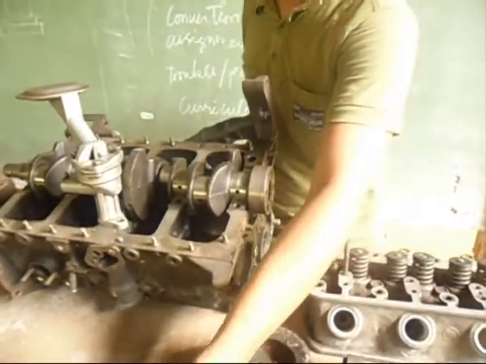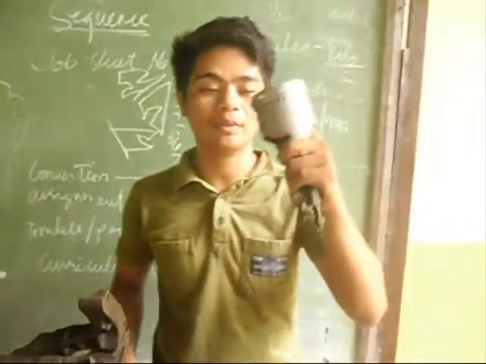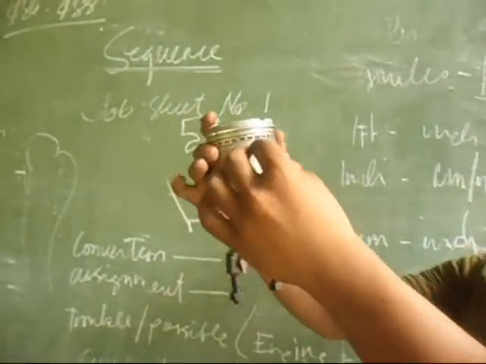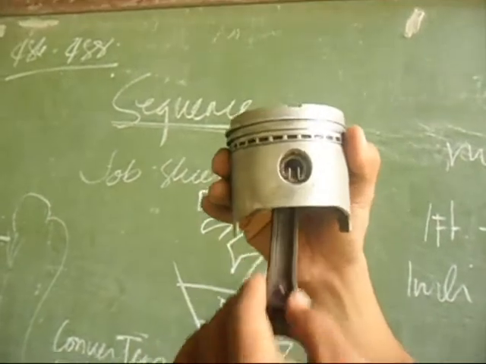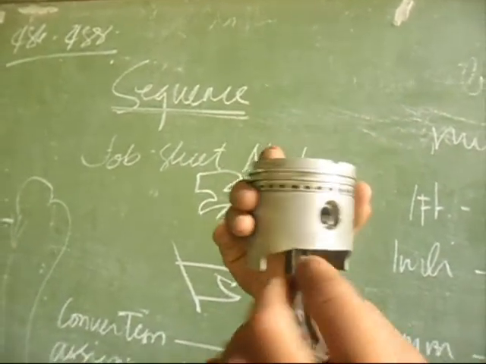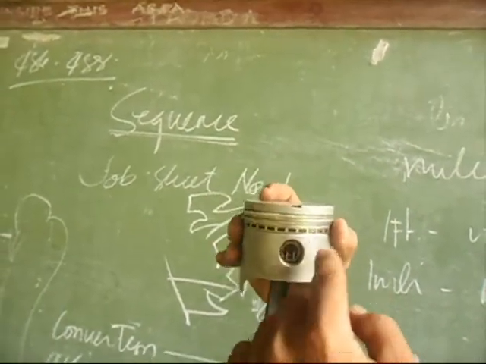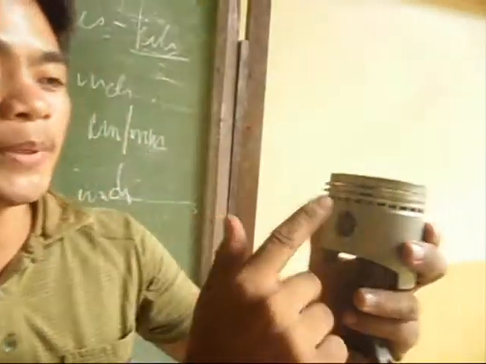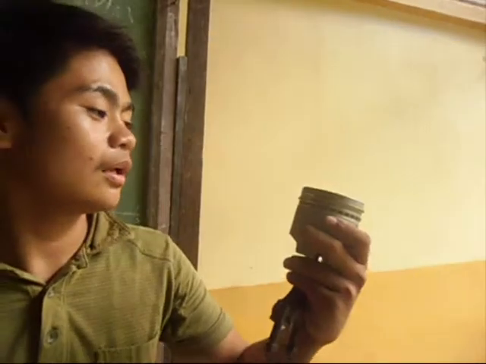This is the piston of the engine. This is the piston, and this is the connecting rod. This is the piston pin, and in this piston we have three piston rings.